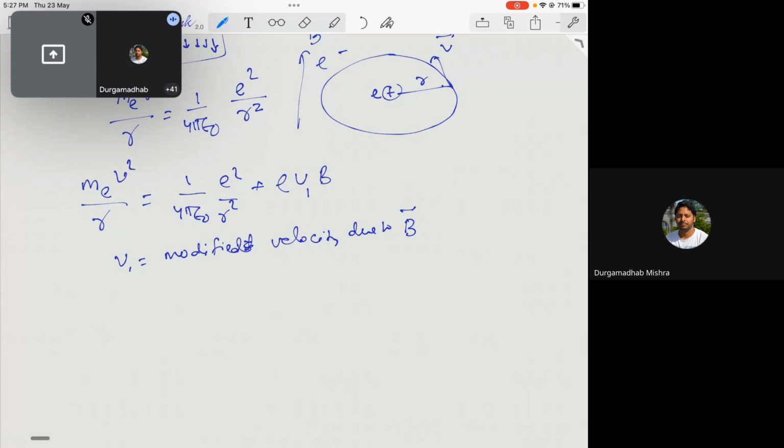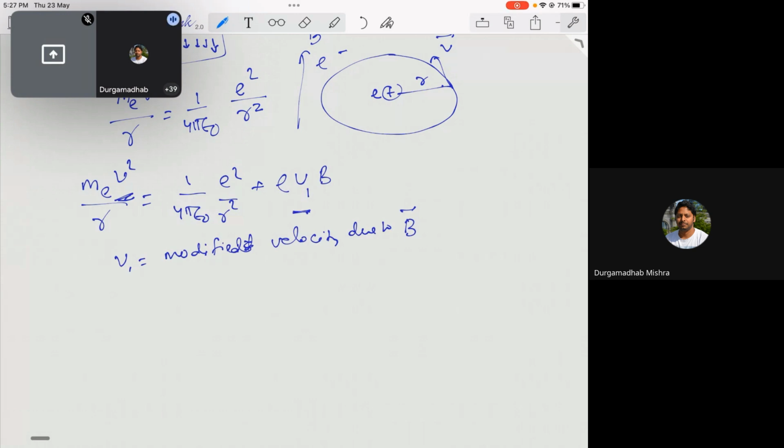Now we have two different velocities we are writing. One is here m_e V square by R, another is this velocity. And both are perpendicular to the magnetic field as well.